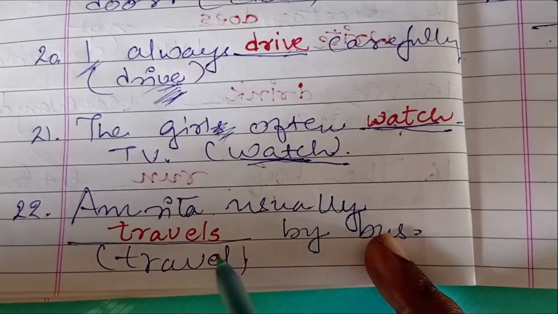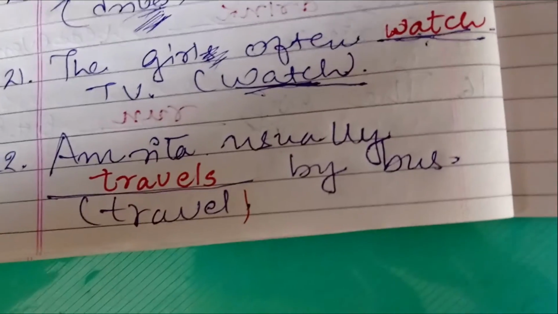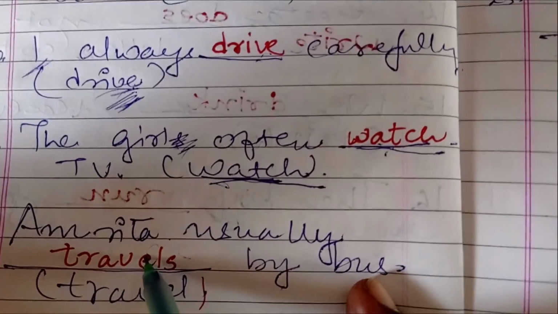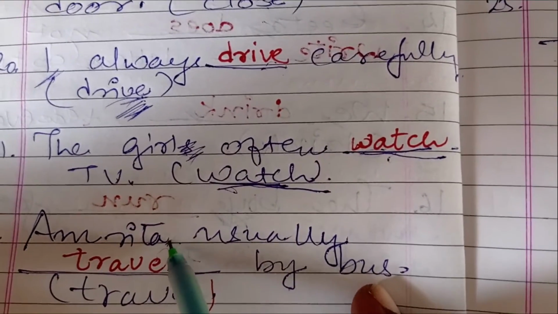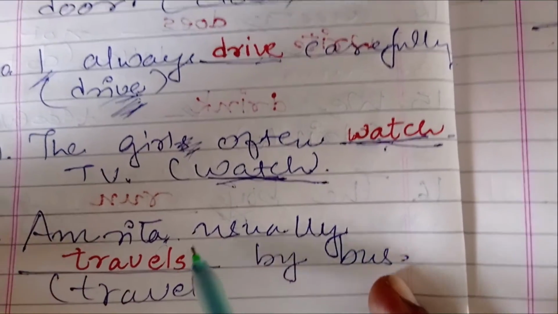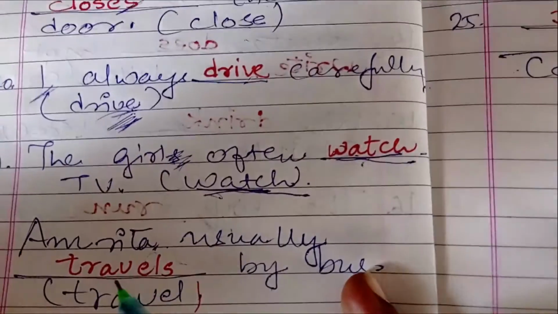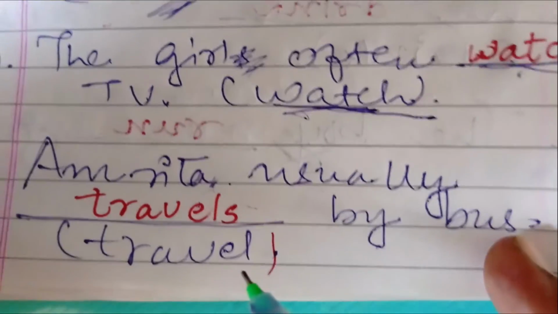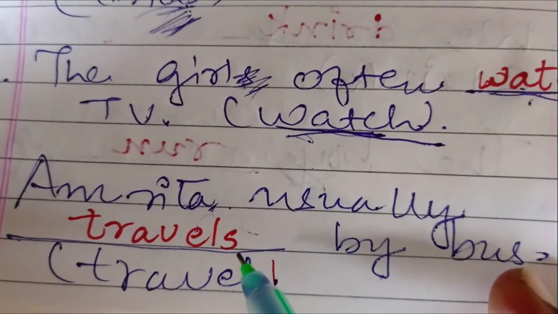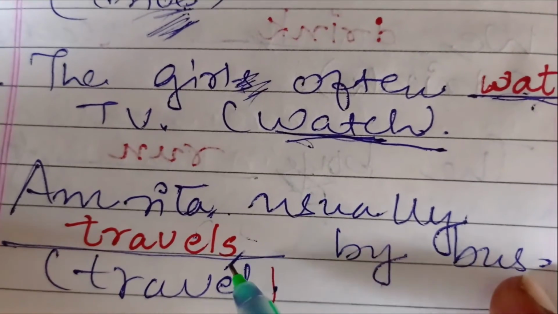Amrita usually dash by bus. Amrita is a third person, so we will add s with it, travels. Why?